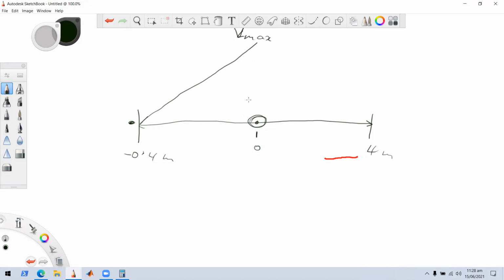At this point, it can't continue accelerating, because it needs to slow down and reach 0 at this point. So from this point, it starts decelerating back. That's just how simple harmonic motion works. The max velocity is at the center.